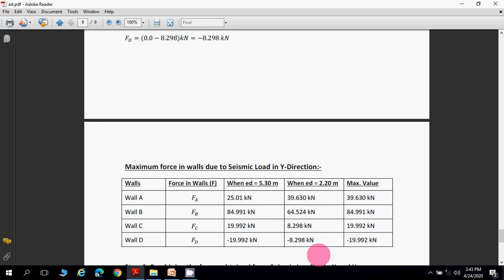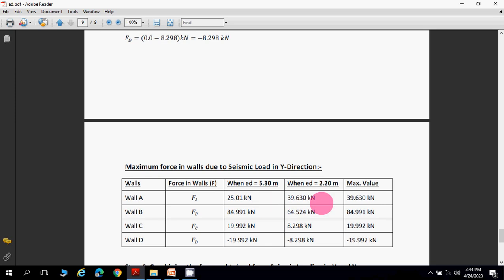We choose the maximum value out of them, because when designing any structure we have to design for the maximum value.